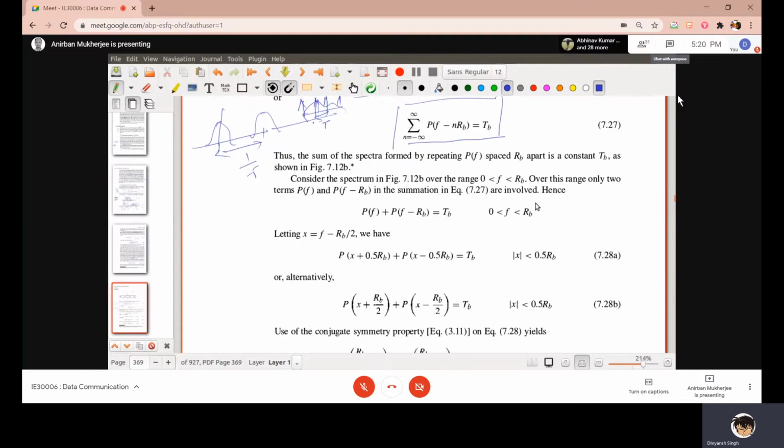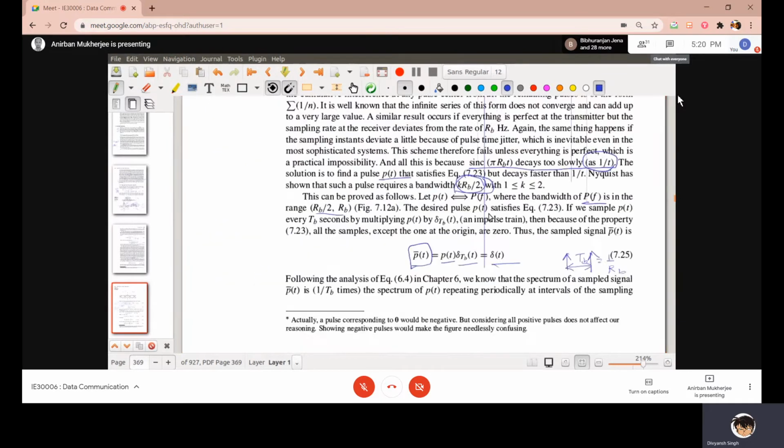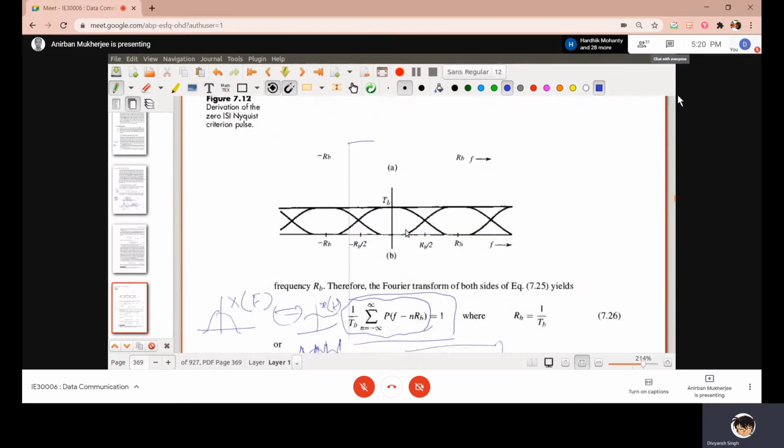Now you see what we are doing. Say f is in hertz, and I am taking the spectrum between 0 and RB. The original spectrum was like this. Now again about RB I have another spectrum, the same; again at 2RB I have another, and at minus RB I have another, because the continuous time spectrum P(f) was like this.